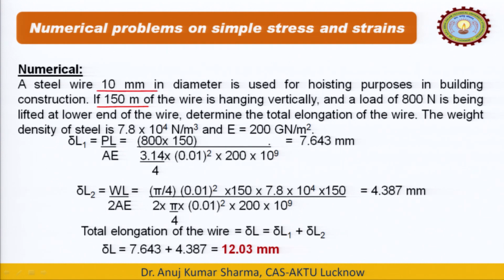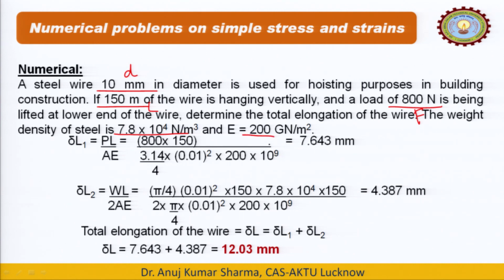The steel wire diameter is given, L is given, it is hanging vertically, and a load of 800 Newton is applied. F or P is given. The weight density of the steel is given to find out the total weight of the wire, and E, the modulus of elasticity, is given. So, all this data is given.